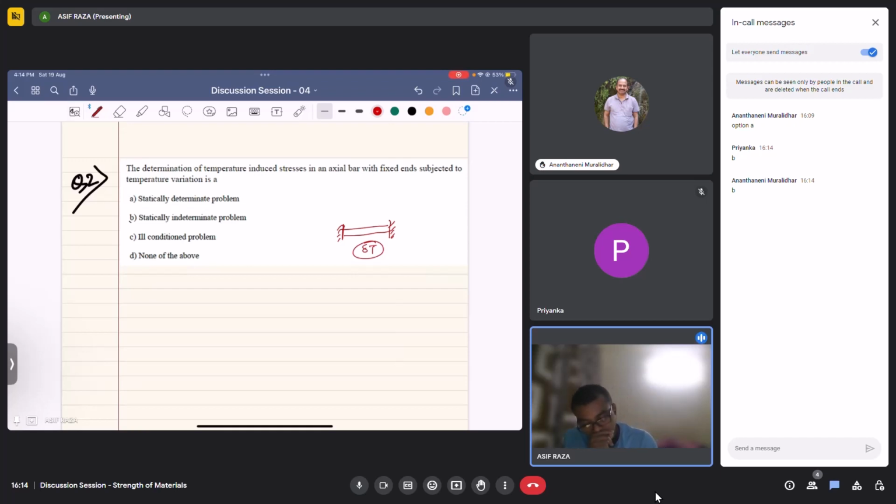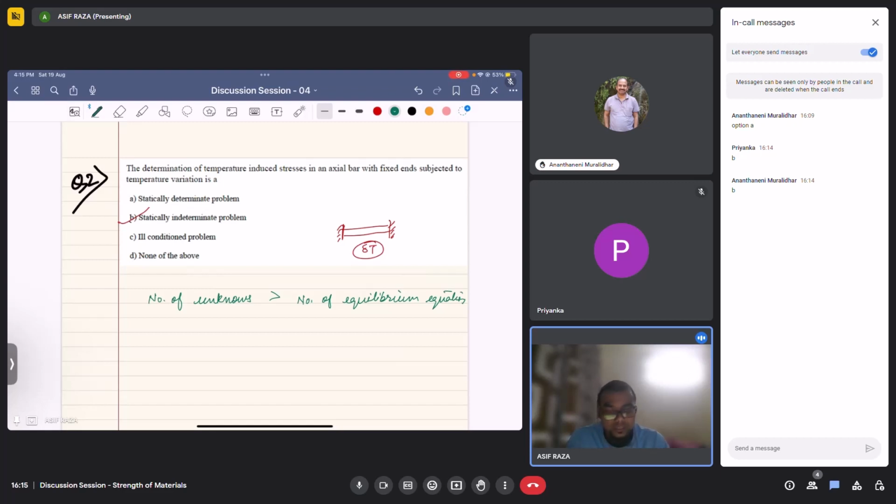Yes, the correct answer is option B, as the number of equilibrium equations and the number of unknowns won't be equal in this. So the number of unknowns is greater than the number of equilibrium equations. That's why it's a statically indeterminate problem.